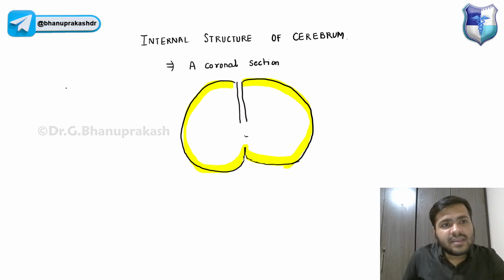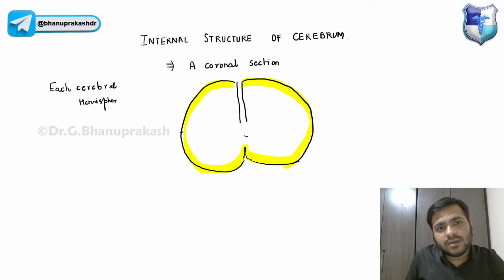Each cerebral hemisphere consists of this outer gray matter area, called the cerebral cortex. And remember, this is a gray matter area.